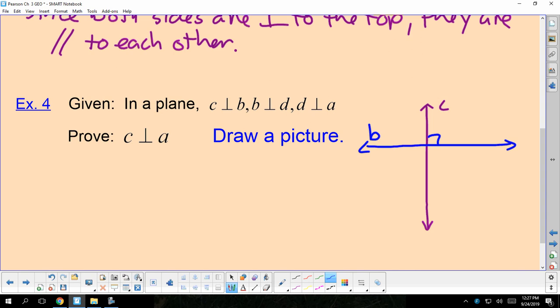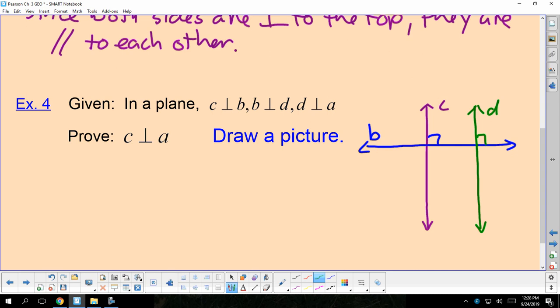Next, B is perpendicular to D. Let's go ahead and draw in D. So we know it's perpendicular to B. Draw that next one in.